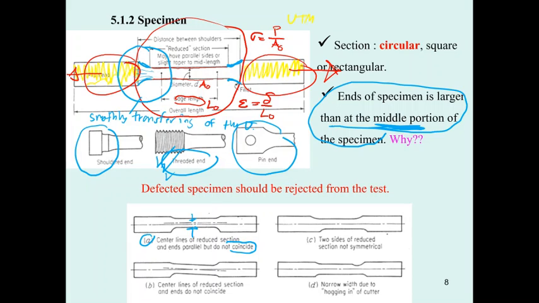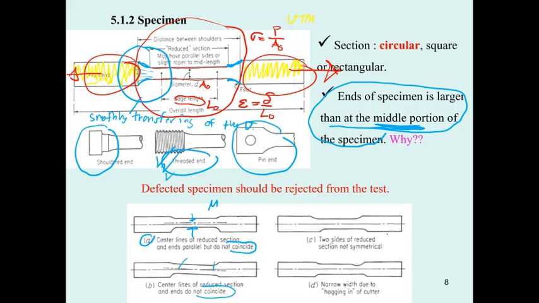So that is going to produce some moment due to the eccentricity. The second, you may see the center line of the reduced section and the end are at some different angle like this.